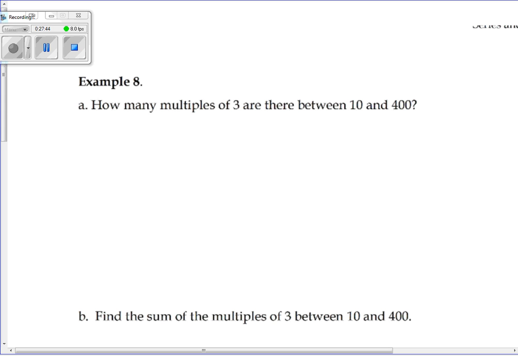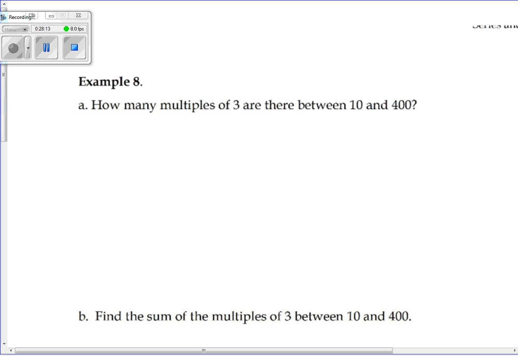What I will mention about example 8, we did do a question just like this yesterday. Again, generate some terms. How many multiples of 3 are between 10 and 400? My question for you is, would 10 be your first term? No. Why not? 10 is not a multiple of 3. So how many multiples of 3 are there between 10 and 400?